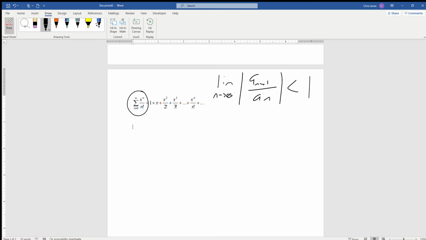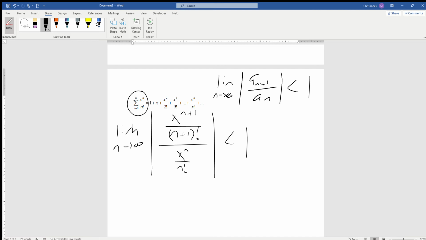So if we set this up, just to find the interval of convergence, we already know what it is, but just reminding you of how to find it. The limit as n approaches infinity, so we're going to put n plus 1 in first, so x to the n plus 1 divided by n plus 1 factorial divided by x to the n divided by n factorial.